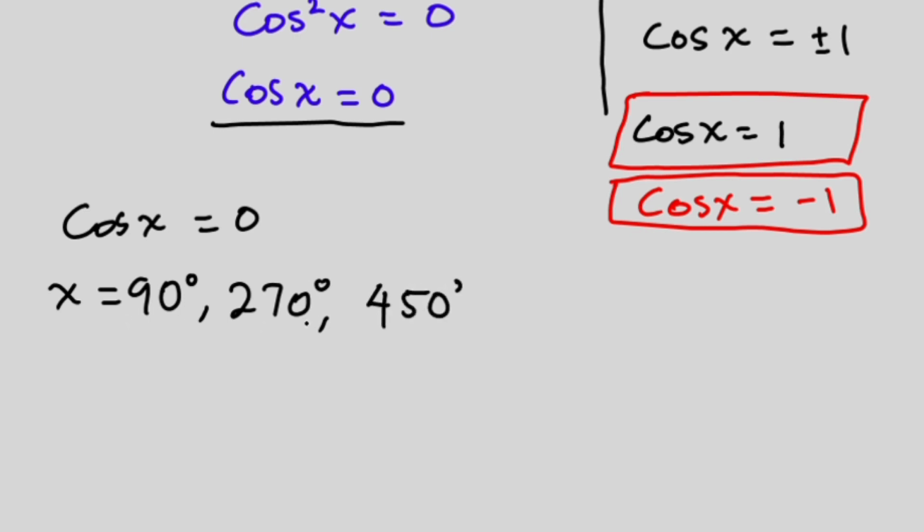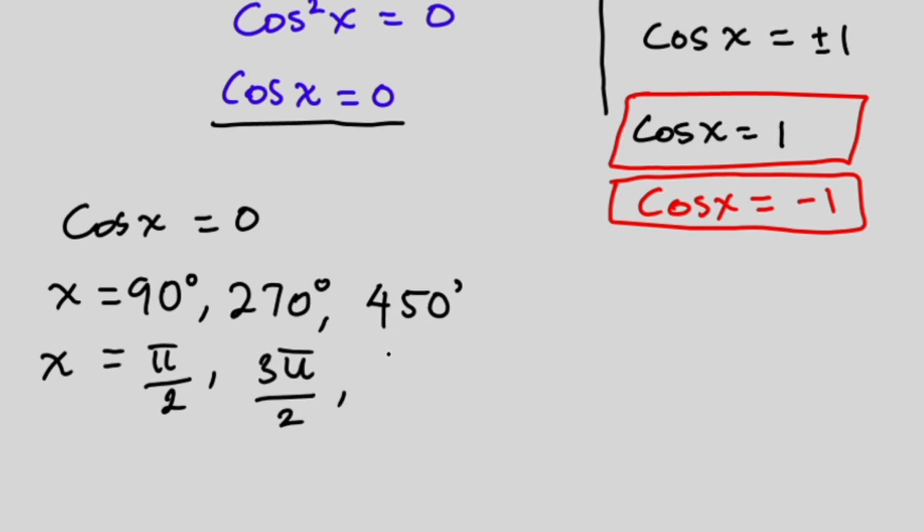So all these solutions satisfy this equation, right? Now in radian, x is equal to 90 degrees, which is also the same as pi over 2. Then 270 degrees in radian is simply 3 pi over 2.